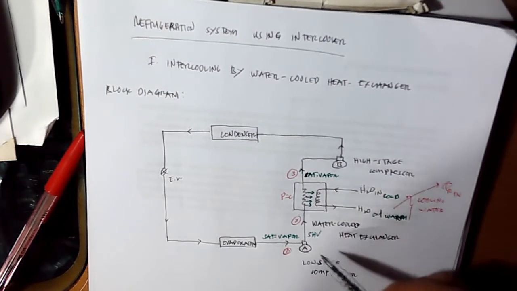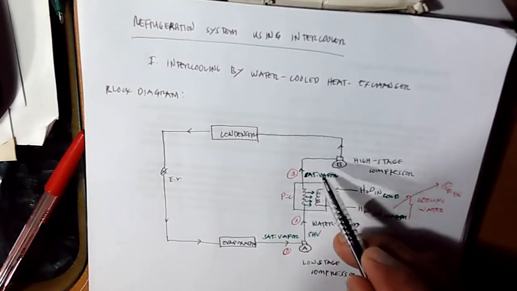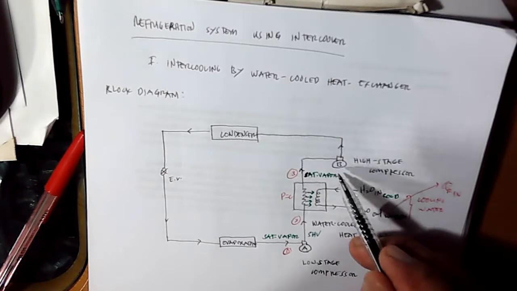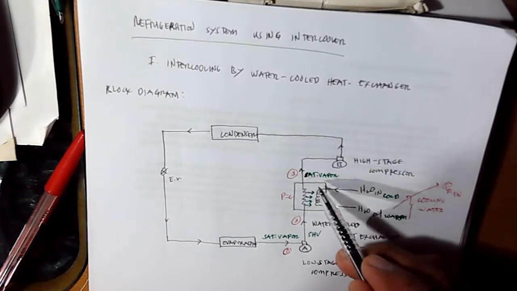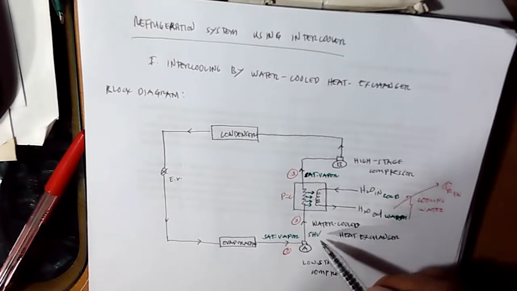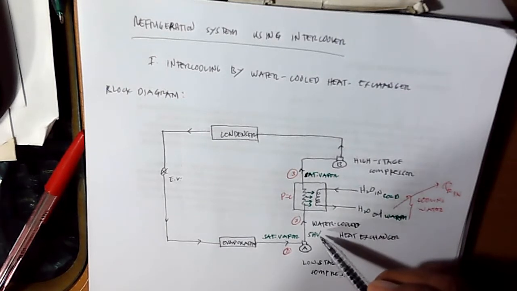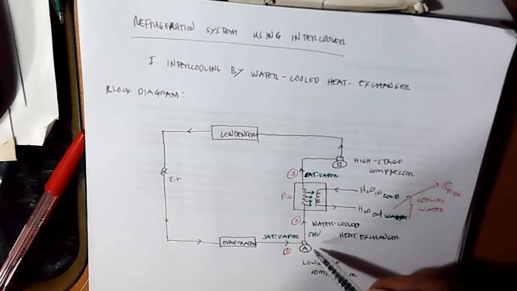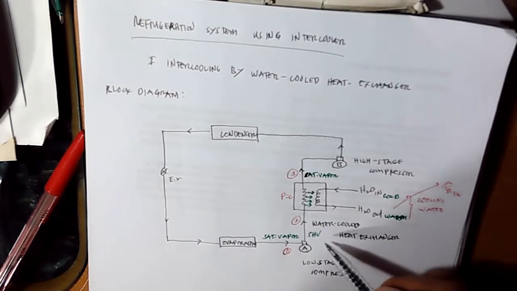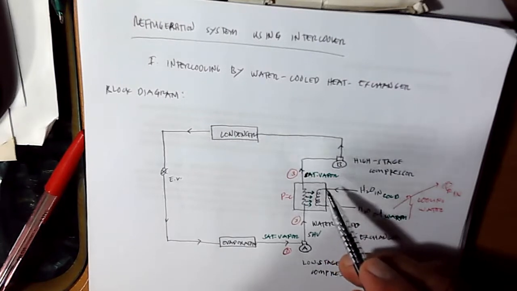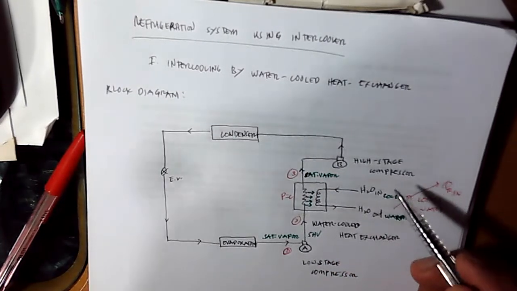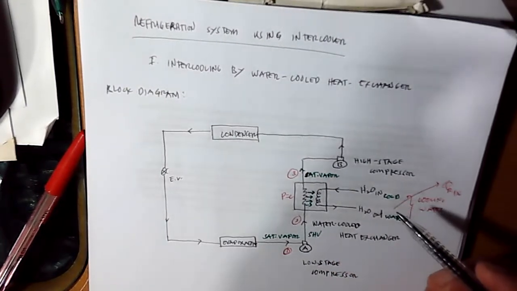Since upon entering compressor B it is once again saturated vapor, we have now changed the condition of your refrigerant from A, which is superheated, once again into saturated vapor. That is the function of your intercooler.